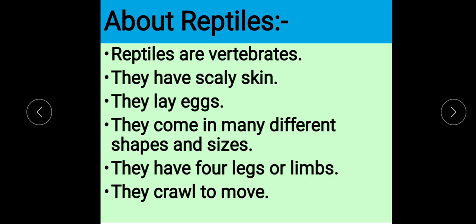See, if you see a snake, a snake does not have any leg, right? All the snakes have a long body. So how do they move? They just crawl. They crawl on the ground and they move.